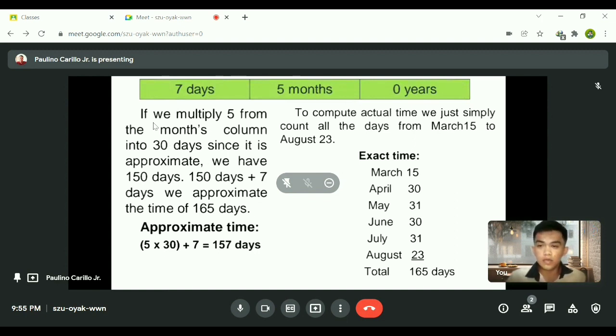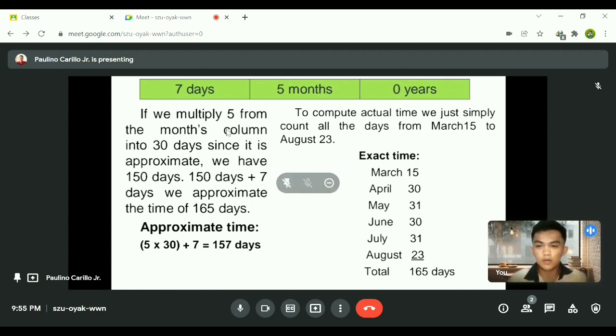If we multiply 5 from the months column by 30 days, since it is approximate, as I have said earlier, approximate time is all months have 30 days, including February.